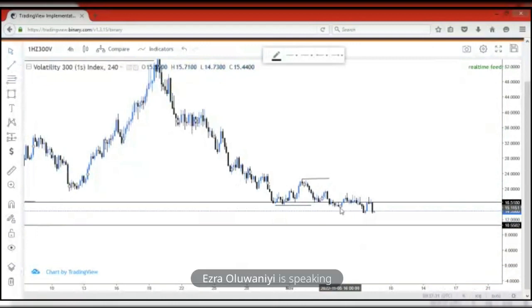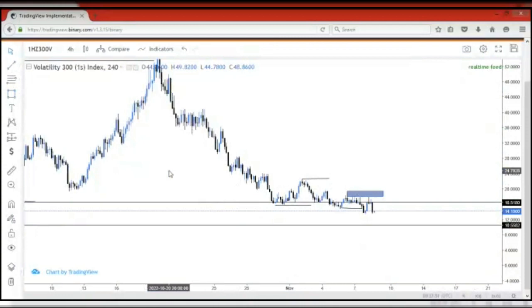That's just structure for you. You just need to mark it. This is the new low. And then you expect price to retrace back to a zone around here and then sell. So price did that plenty times and then gave us a good sell to the downside. Please, is that clear? Yes, it is. It's clear now, right?